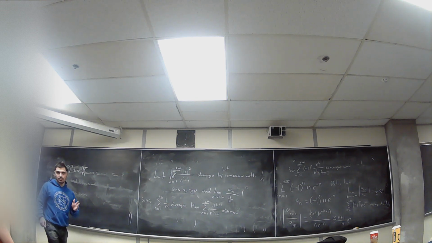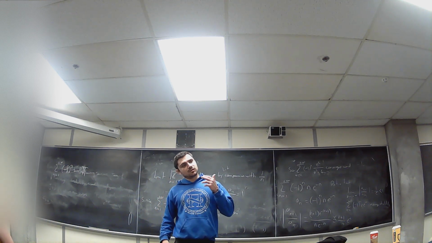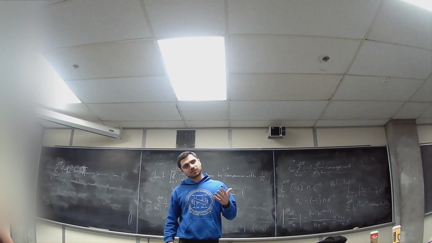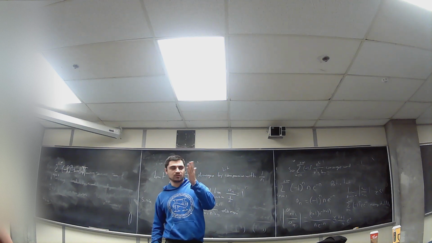So what's the absolute value? Sine pi over n is positive because n is an integer. So we start with sine pi, which is 0, sine pi over 2, which is 1, sine pi over 3. They're all bigger or equal to 0.